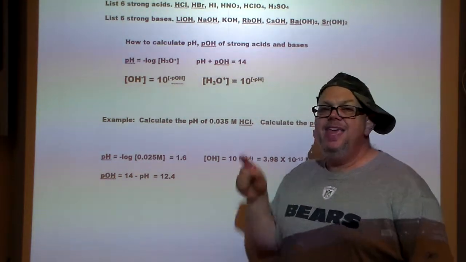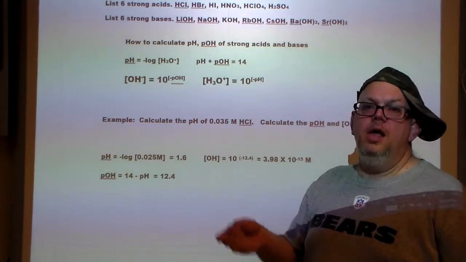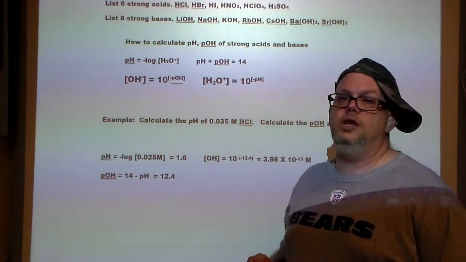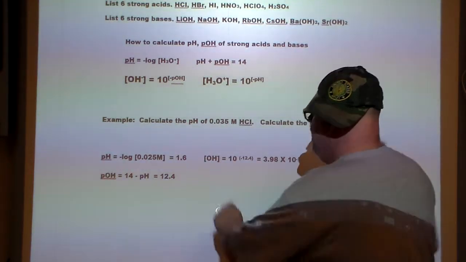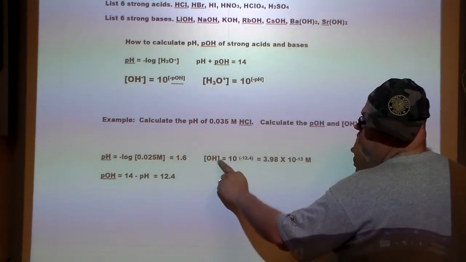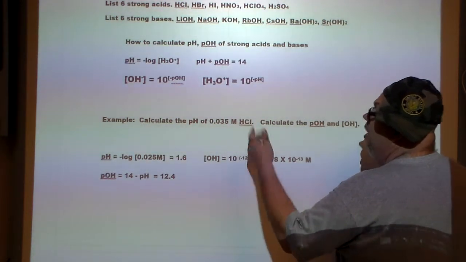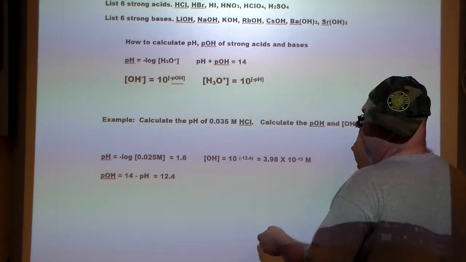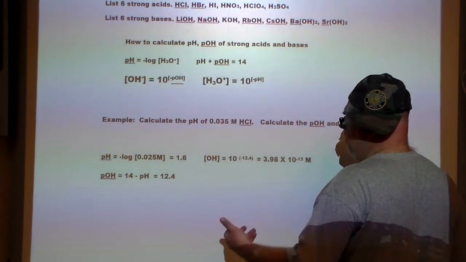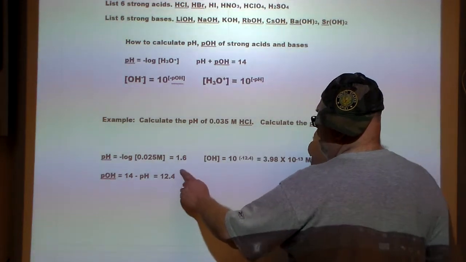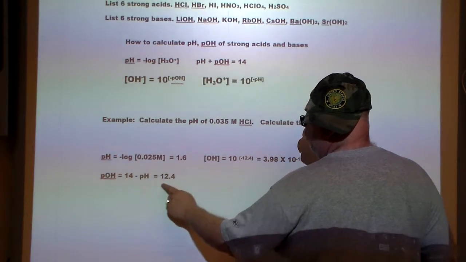Well, we can take the inverse log of the negative pOH. Our concentration of OH is equal to 10 to the negative pOH, and the pOH is 12.4. We got that from here.